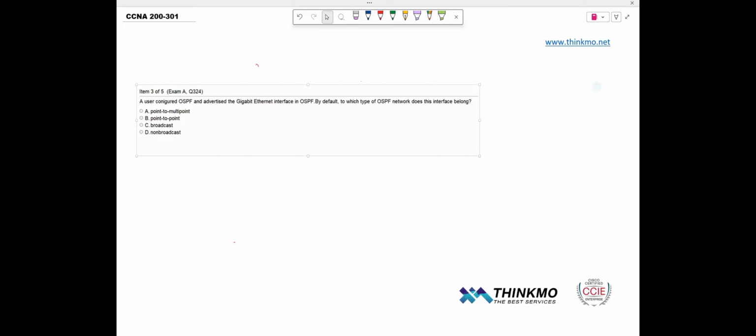Okay, for the third question, it says that after we configure OSPF and advertise this gigabit Ethernet interface in OSPF, by default, what type of OSPF network does this interface belong to? Since we're using Ethernet, it forms an MA network. MA networks are also called BMA, where the B stands for broadcast, right? Broadcast multi-access.